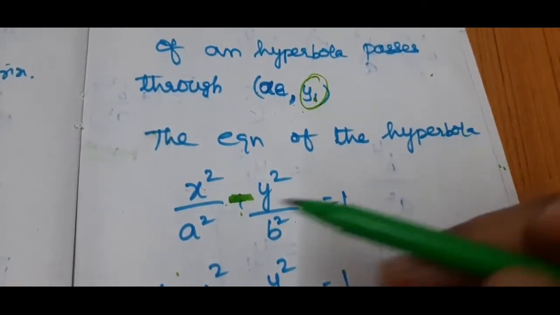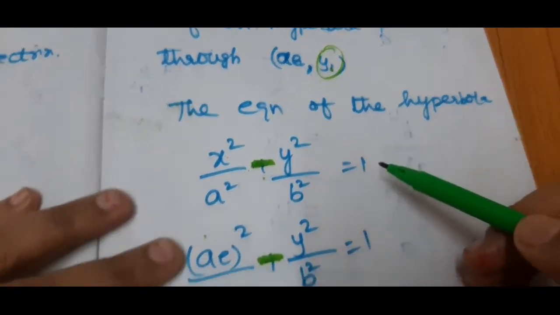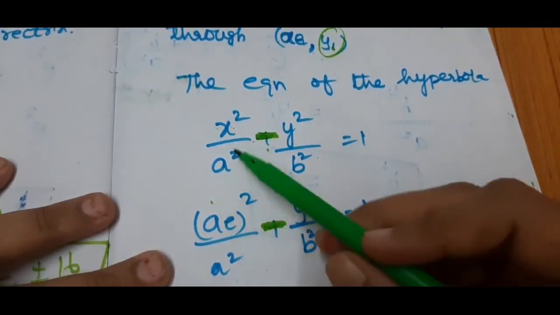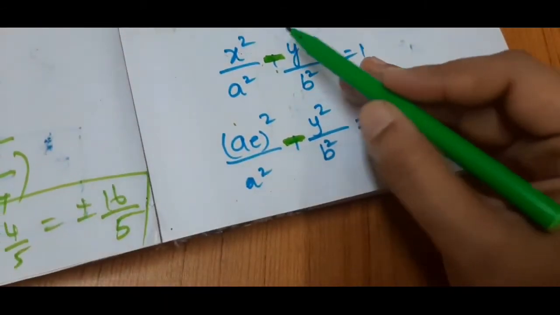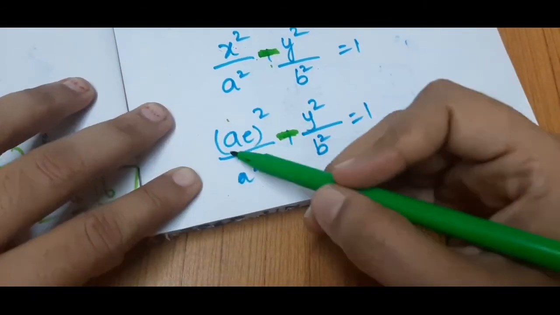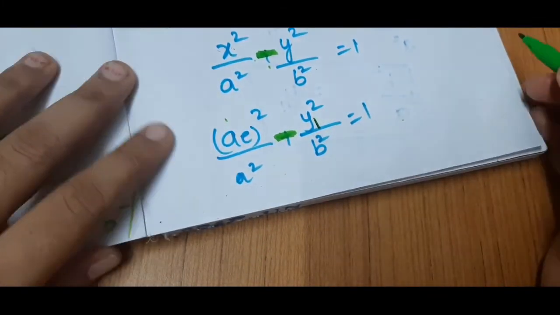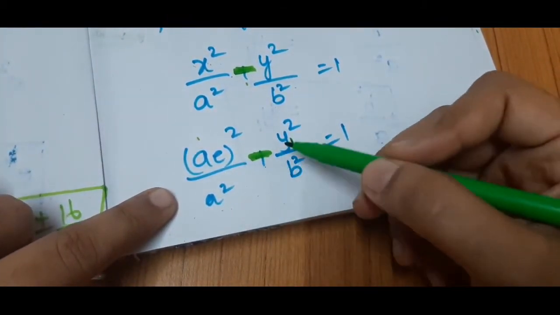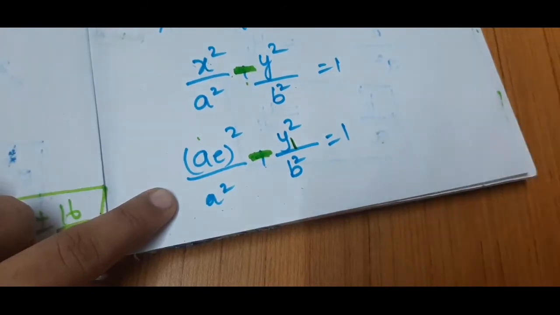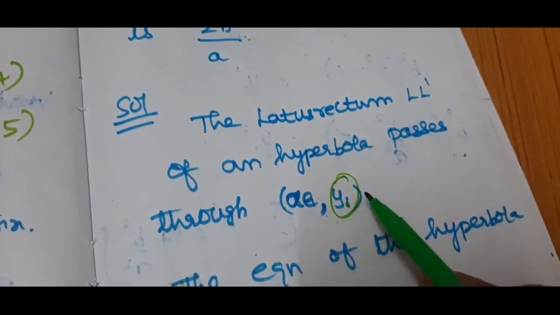So the equation of the hyperbola will be x square by a square minus y square by b square is equal to 1. In the place of x I can substitute AE whole square, in the place of y I can substitute y1. So AE whole square by a square minus y1 square by b square is equal to 1, because this hyperbola passes through the point AE, y1.